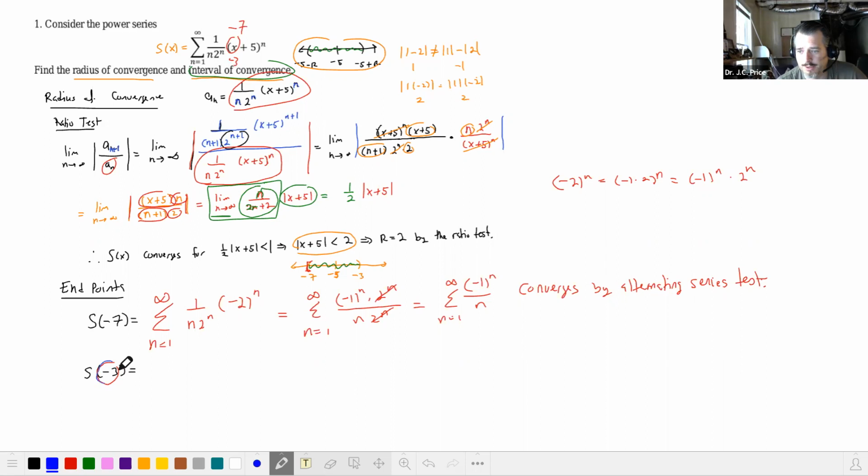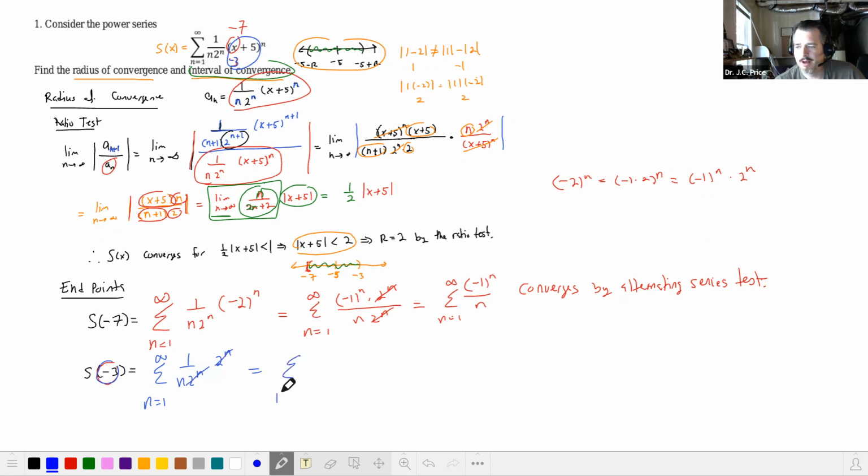So let's do it in blue. So -3. So I'll plug -3 in for my x there. And so I get the sum, n equals 1 to infinity, of 1 over n, 2 to the n, and then you're going to get the other side. So you have -3 plus 5, which is times 2 to the n. This one's even easier because these cancel right away.